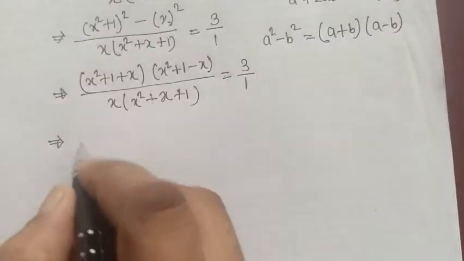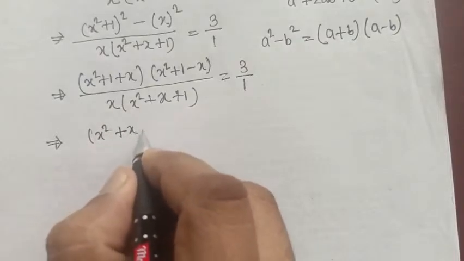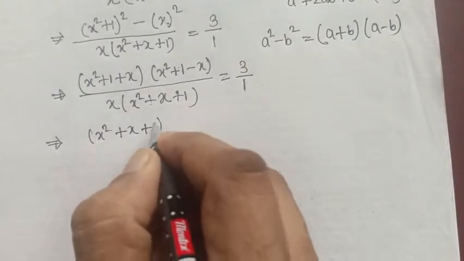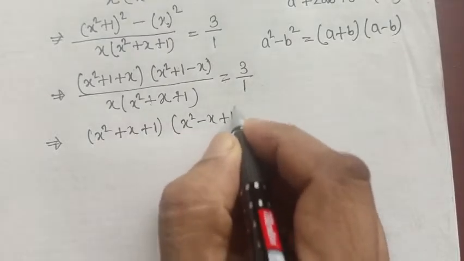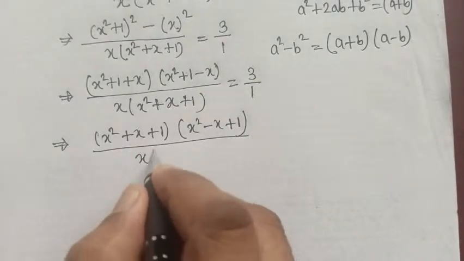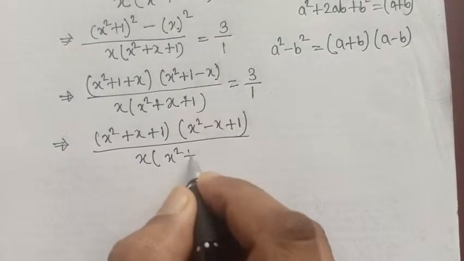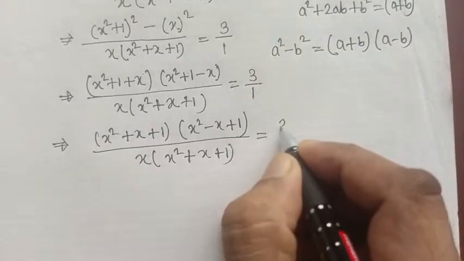Now it can be expressed like this: (x square plus x plus 1) and (x square minus x plus 1) by x into (x square plus x plus 1) equals to 3 by 1.